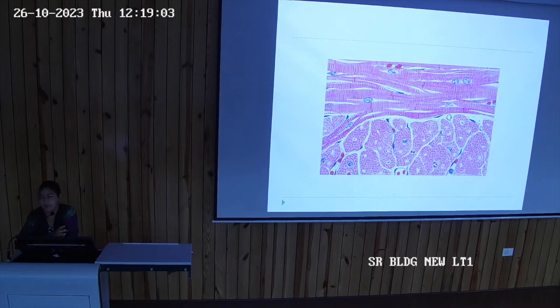But don't say this. This is not a differentiating point. You are saying multinucleated, or branched and unbranched, or peripheral nucleus. So this is how you will differentiate between three histological pictures.